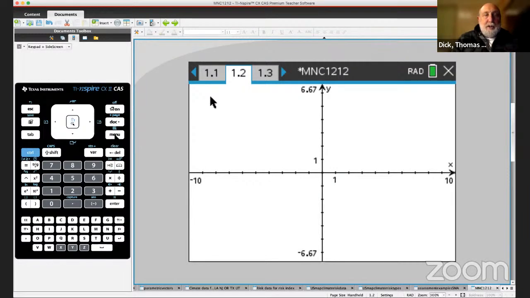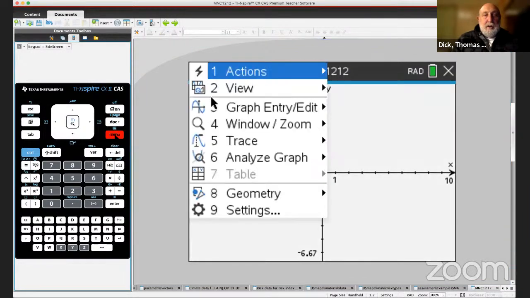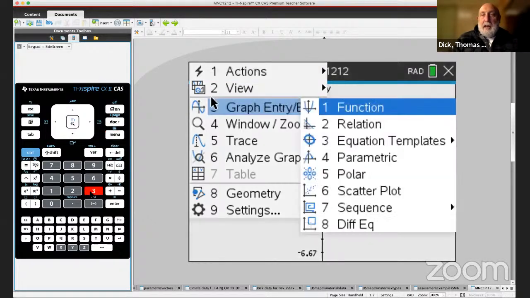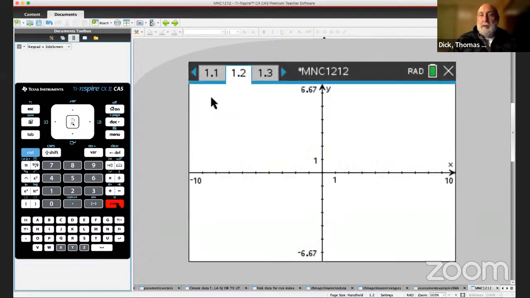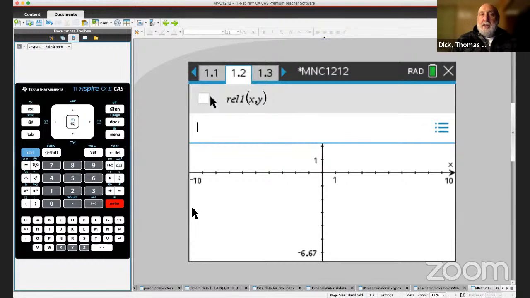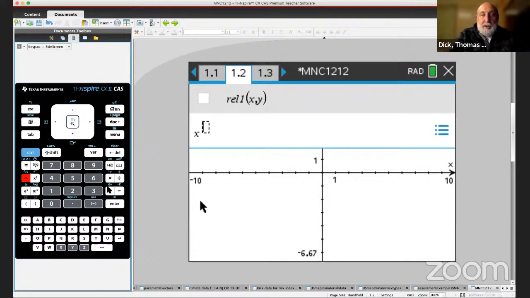So I'm going to go to graph entry edit, and instead of function, I'm going to go down to relation. And you see it says REL1 of XY. And so that's a relation, and that can be any equation in terms of X and Y. So I'm just going to go ahead and enter the equation that Steve was working with earlier.